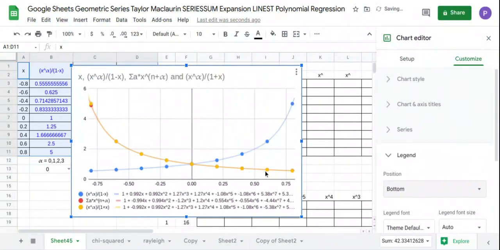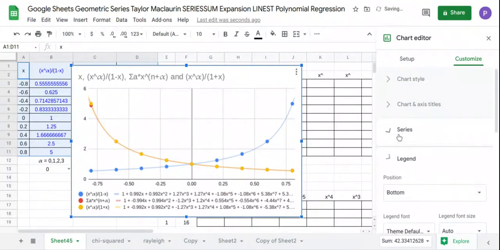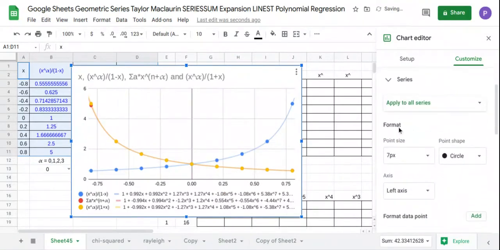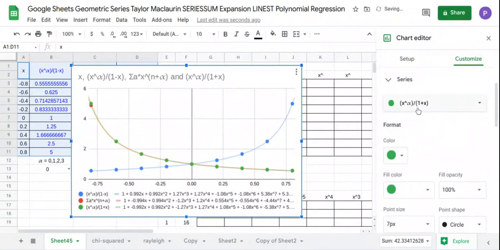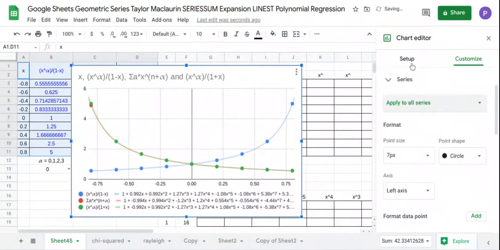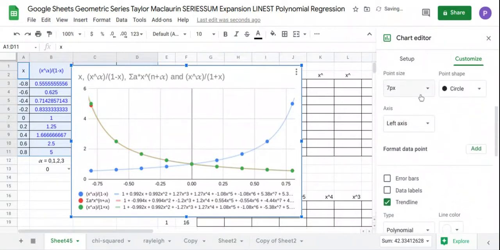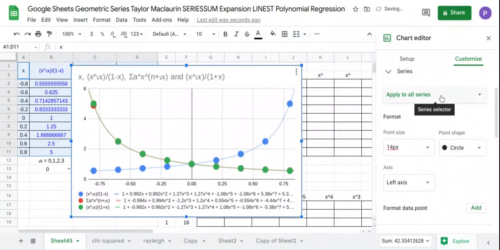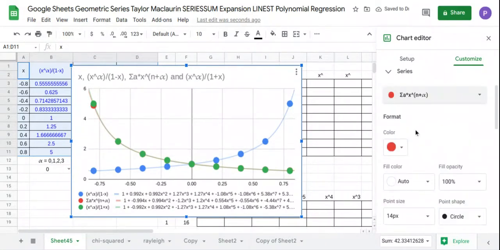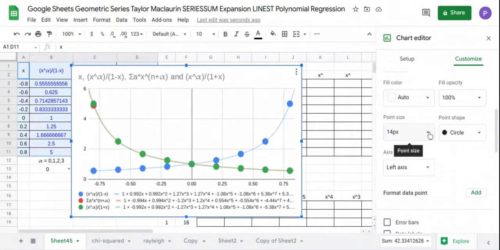We don't have a yellow in the data set, so we change the yellow to green. So this should be green to match our data set. And for the point size, maximum, except for the expansion, the point size will be none.